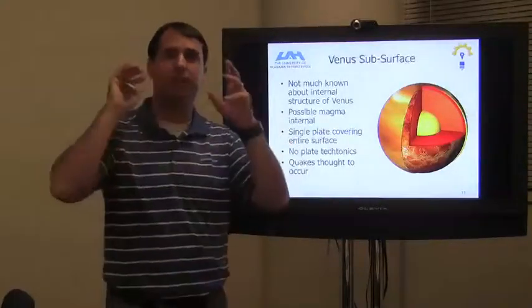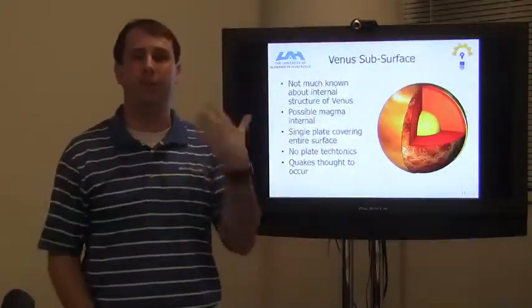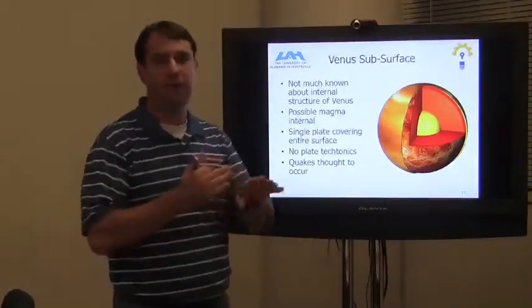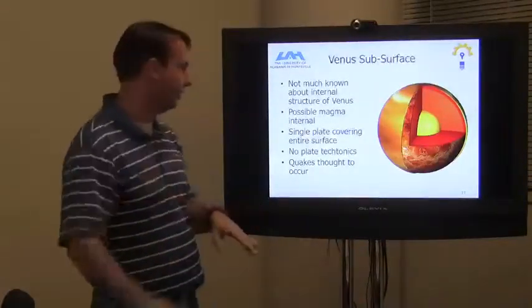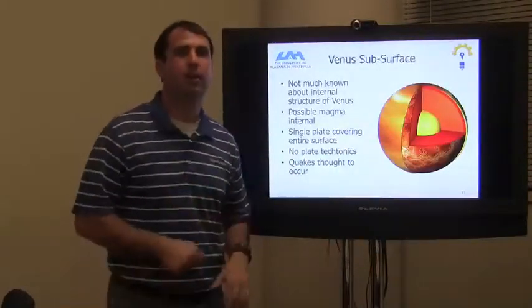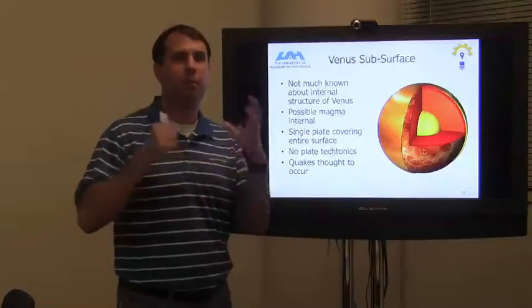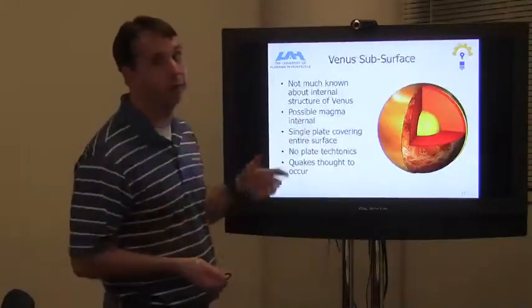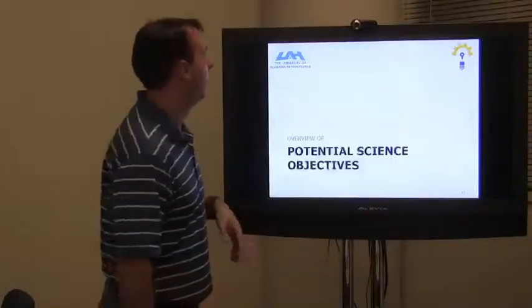They think it's a single plate covering the whole planet. They don't think there are individual plates like Earth has, where the plates move and stuff. That doesn't exist. No plate tectonics, but they do have some sort of quakes. They think they've sensed some vibration and movement in Venus, but they're not sure why or what it is. So they call them quakes.